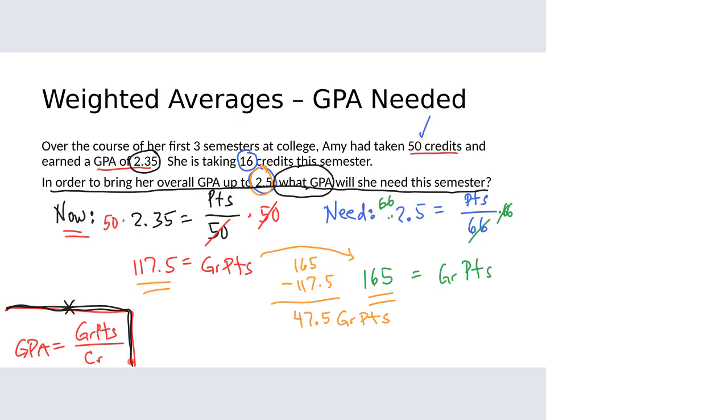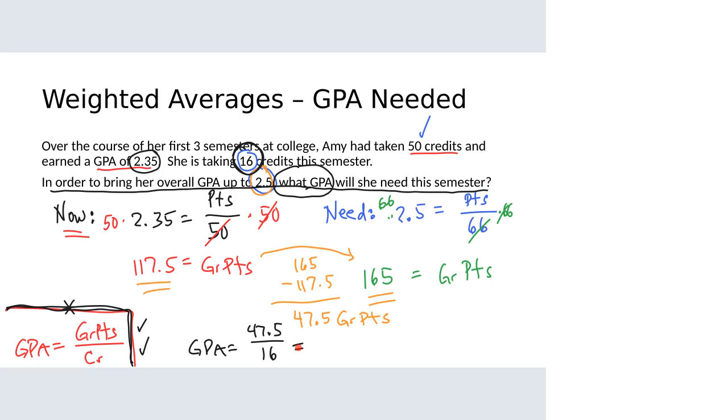The GPA that she's going to need is going to be the grade points she needs to earn divided by the credits. So this is one extra step that wasn't involved in the problems we were working on last week. But that's okay. She's going to need to earn those 47.5 grade points. We know she's taking 16 credits, so we'll just divide that.